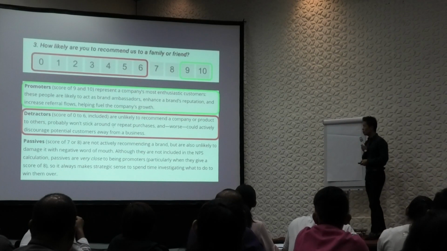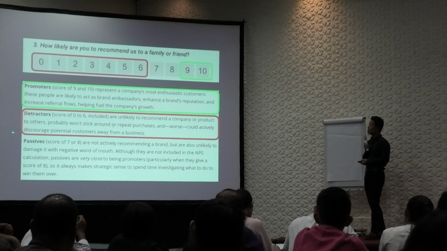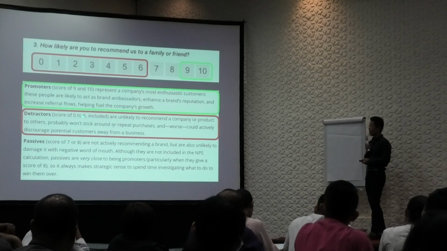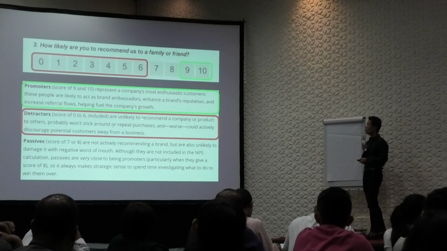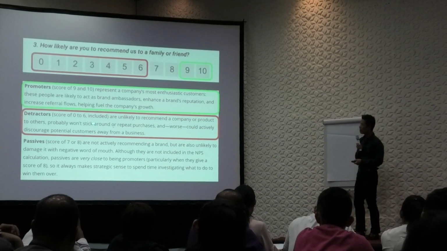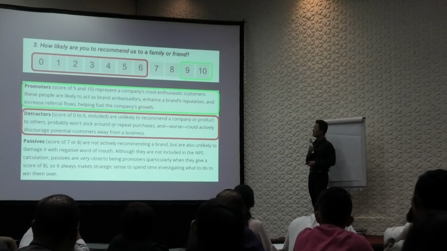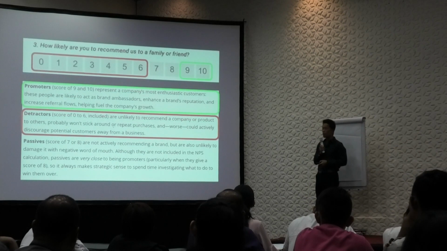Now we have these people who score 0 up to 6. We call them detractors. Why? Because they will never recommend the company or product to other people and probably won't stick around or repeat purchase. And in the worst cases, they will discourage potential customers away from the business.